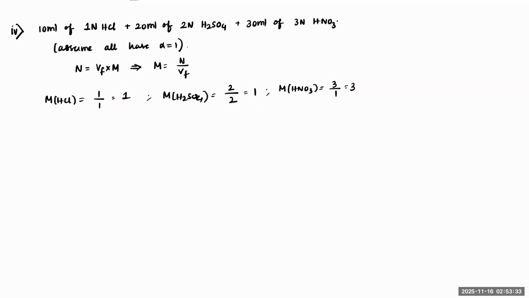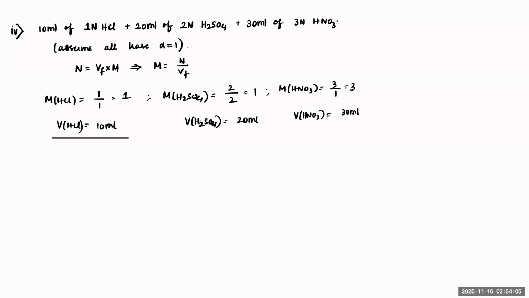So we got the molarity of HCl, H2SO4 and HNO3. The volume of HCl is 10 ml, the volume of H2SO4 is 20 ml and the volume of HNO3 is 30 ml. If we multiply these two, I will get the number of moles.